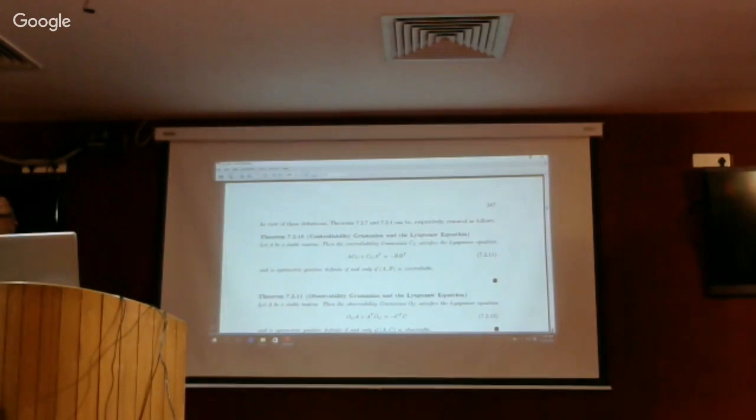And the theorem says that A is a stable matrix, meaning all its eigenvalues have negative real parts. Sometimes in control theory you have also seen the term Hurwitz matrix, from the Hurwitz criteria of stability.